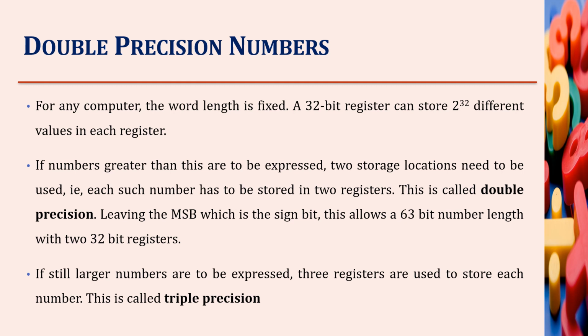If still larger numbers need to be expressed, 3 registers are taken to store such a number, and it is called triple precision. Okay, so in short, if you are taking 2 registers for storing a single number, it is called double precision, and if you are taking 3 registers to store a number, it is called triple precision. Fine.